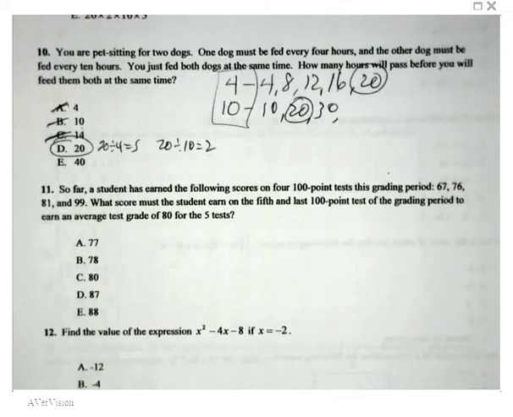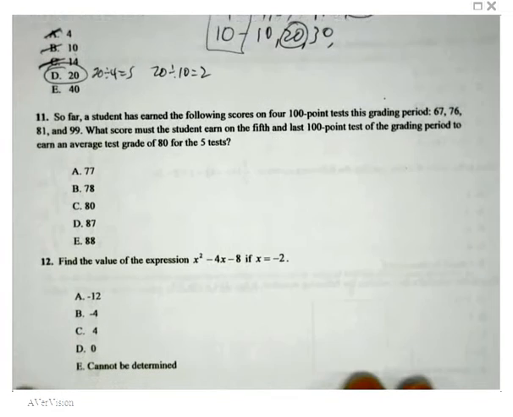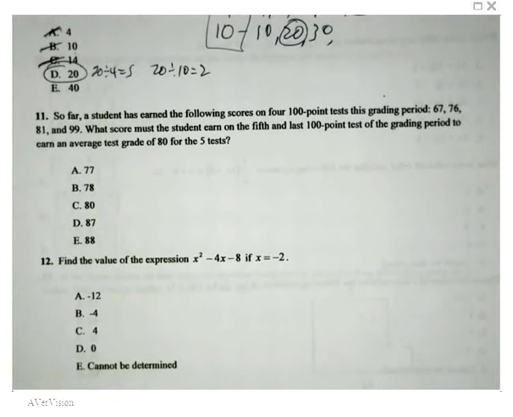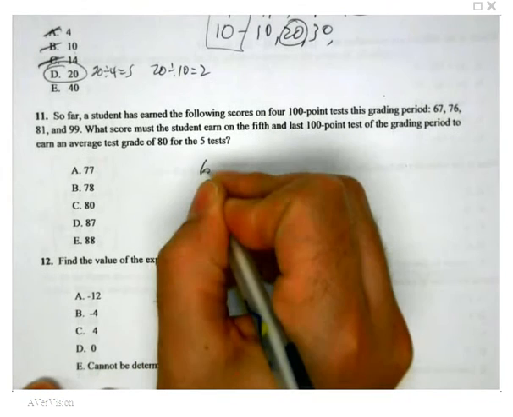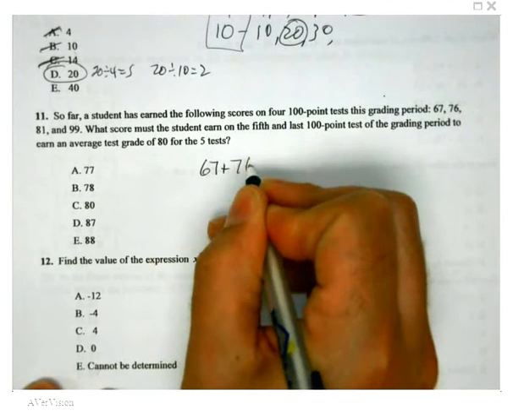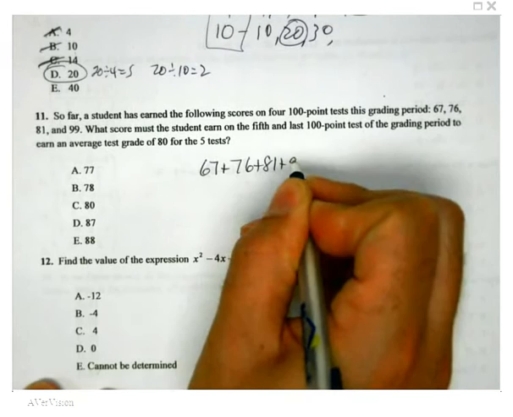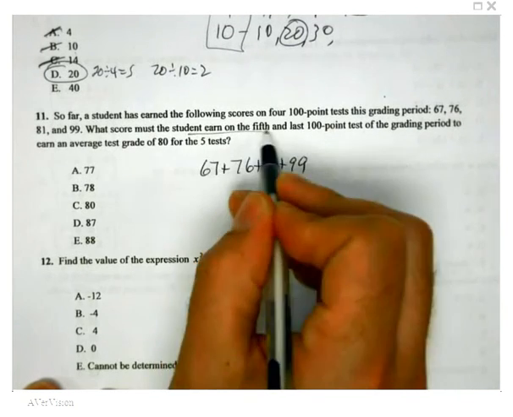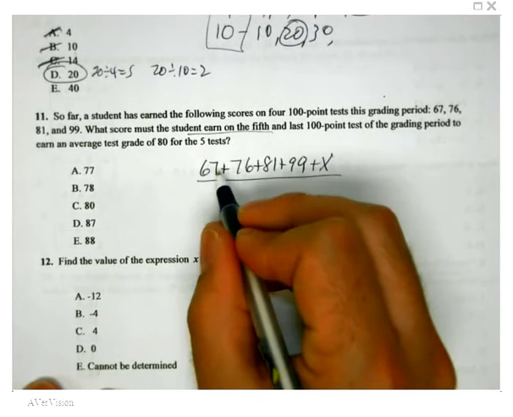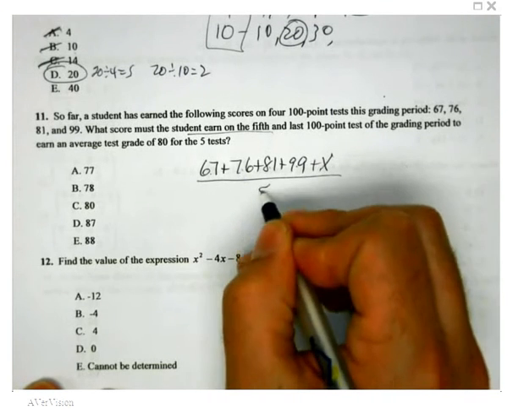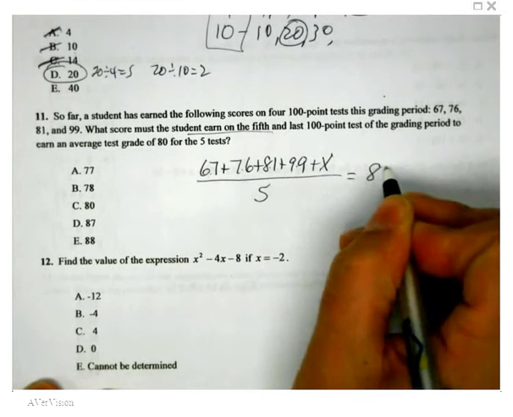Okay, as we move down the page. So far this year, a student has earned the following scores on 400-point tests. What must they earn on the 5th and last test? Now again, this is a preference. I'm only going to do it one way though. So far on the 4 tests, I've gotten 67, 76, 81, and 99. What do I have to get on the 5th test? To average 1, 2, 3, 4, 5 tests, an 80.